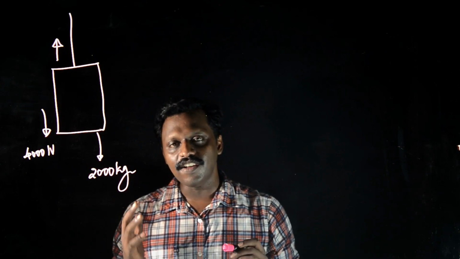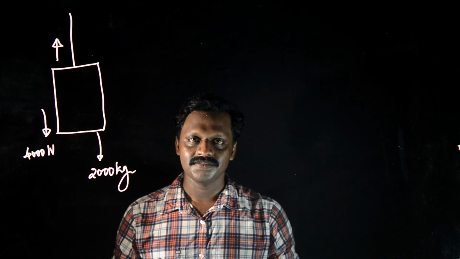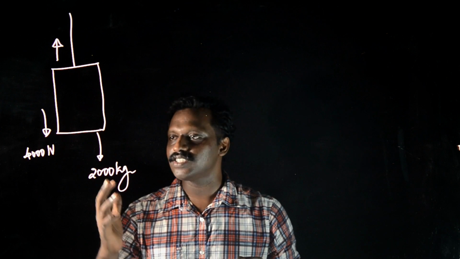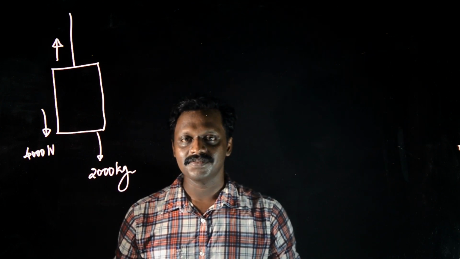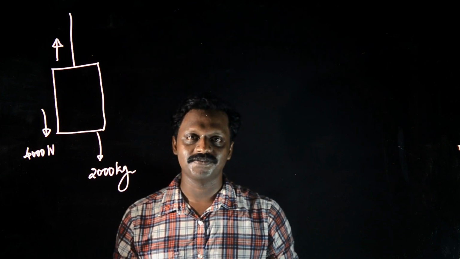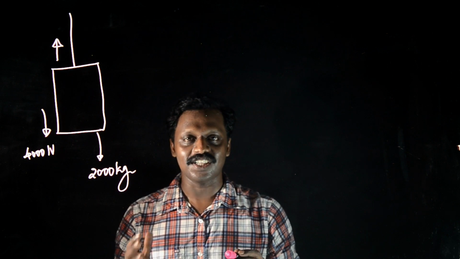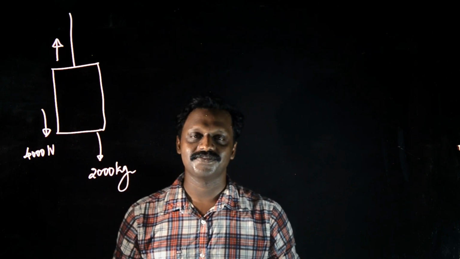In this question, a lift can hold a maximum of 2000 kilogram mass. The frictional force is given as 4000 Newton, and we have a motor of 60 horsepower, and we have to find the maximum velocity with which the lift can move upwards.